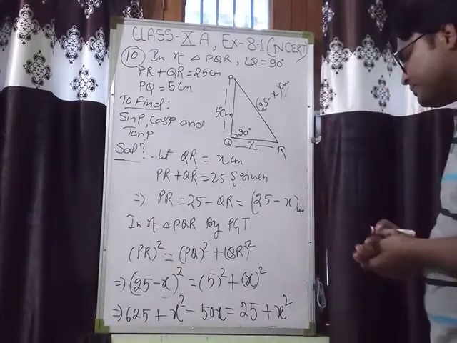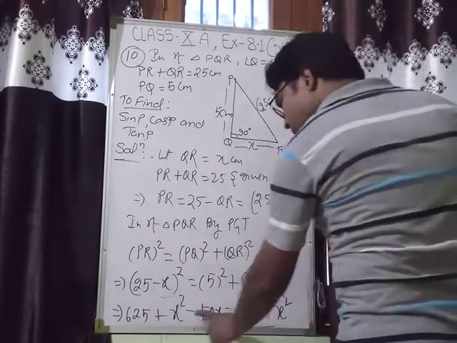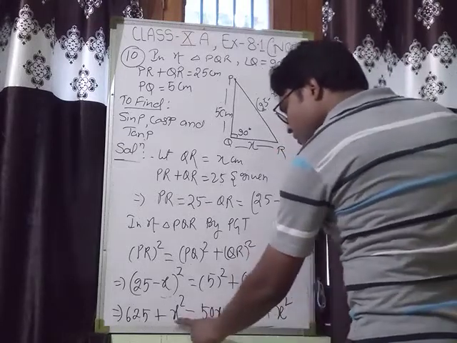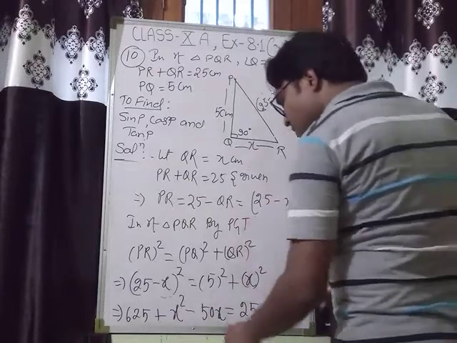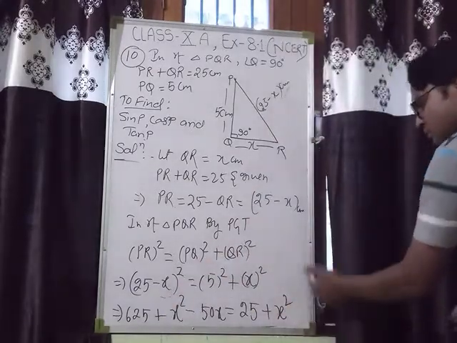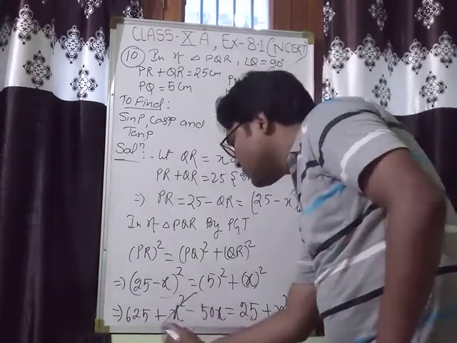Now you can see on both sides we have X square. So when we transfer this X square to the right side, it will be X square minus X square, so these two terms will be cancelled.